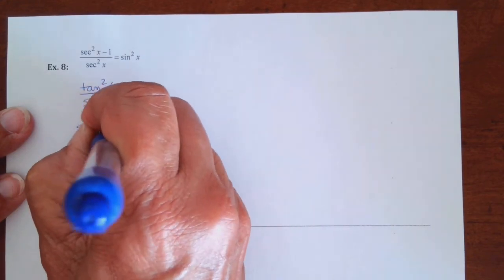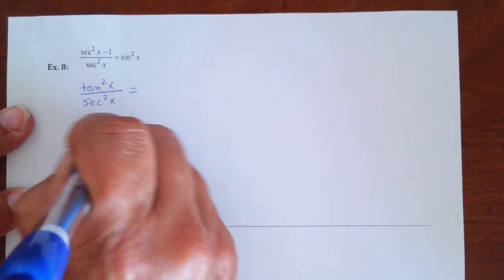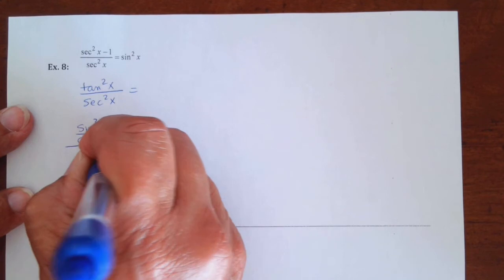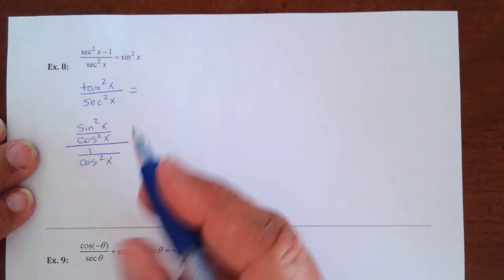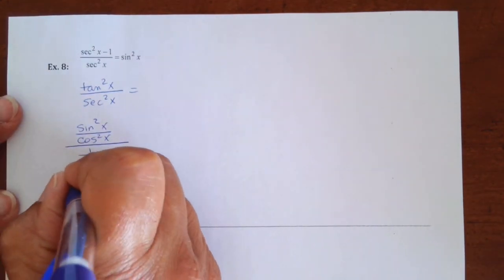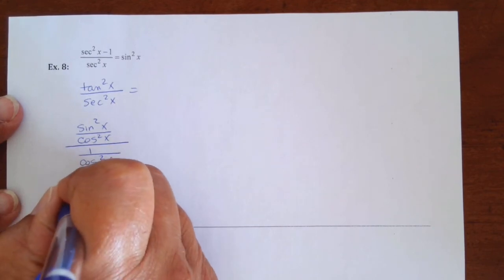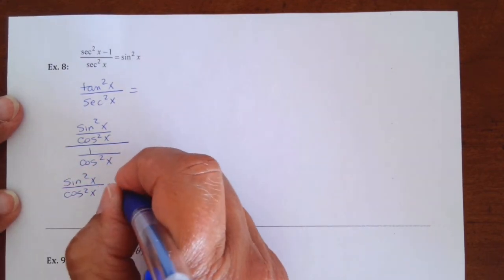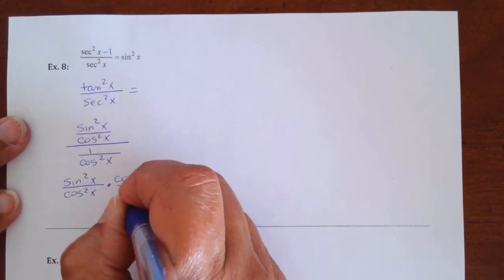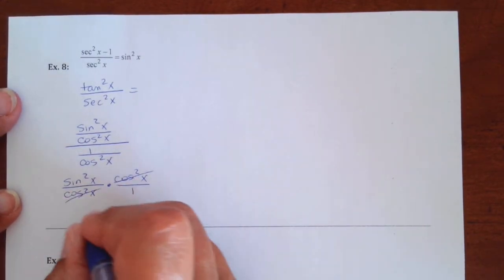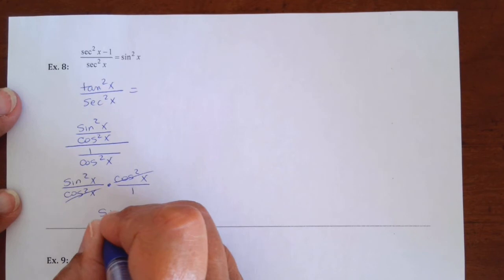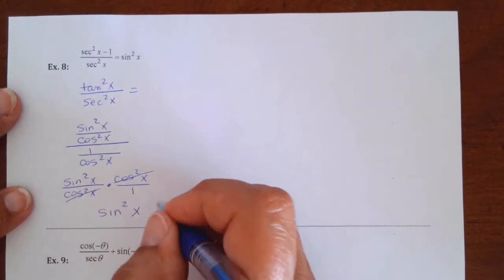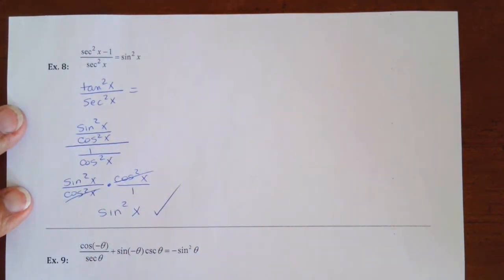Secant squared is 1 over cosine squared. Flip it and multiply, so we're going to get sine squared over cosine squared times the reciprocal of the bottom, which would be cosine squared over 1. Cosines are going to cancel, and sine squared over 1 is what you're left with, which is just the sine squared, which is what we were trying to get.